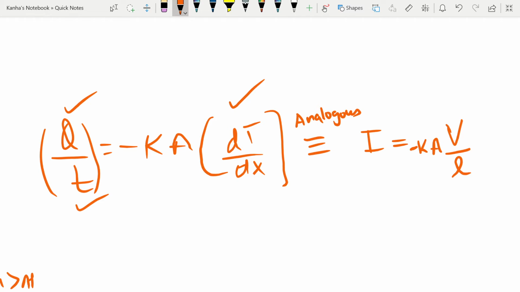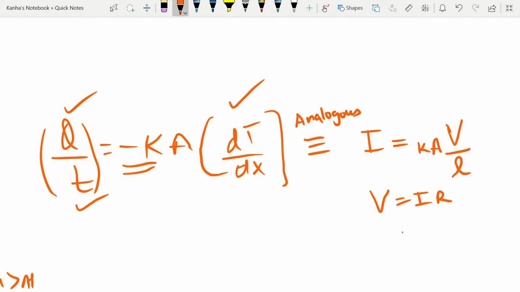Okay, note that there is a negative sign attached here. So you have this thing, and what does this mean? We know that V is equal to IR.